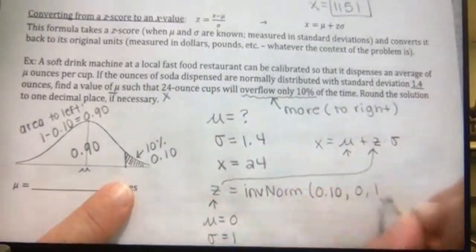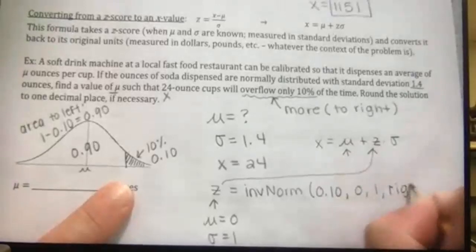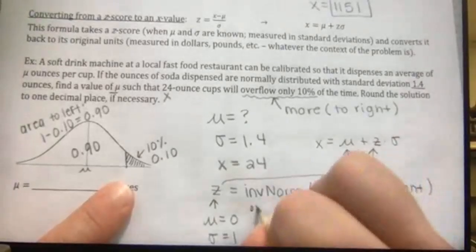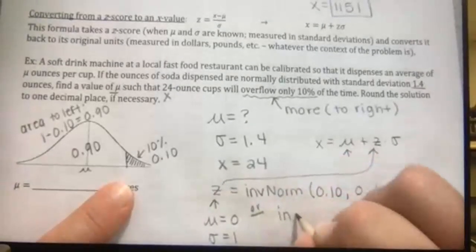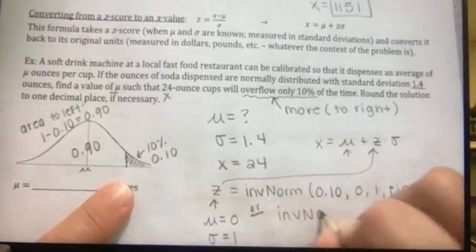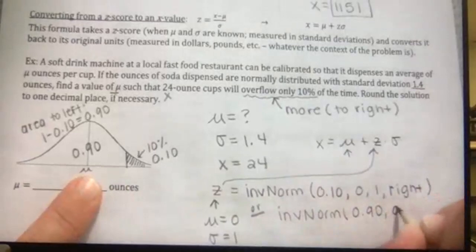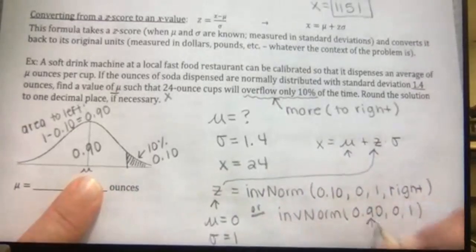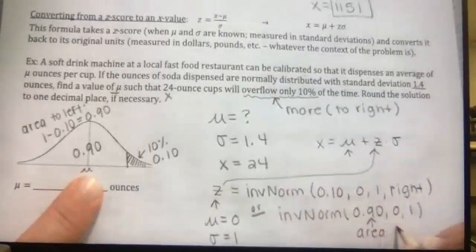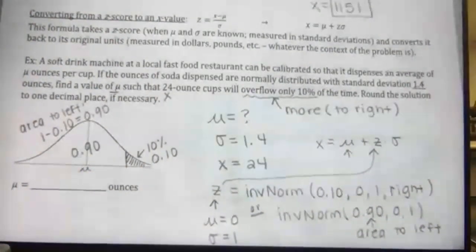And that's going to be area to the right. Or you have the option, if you don't have left and right and center, inverse norm, our area to the left is 0.90, comma 0, comma 1. And this will give us our Z value.